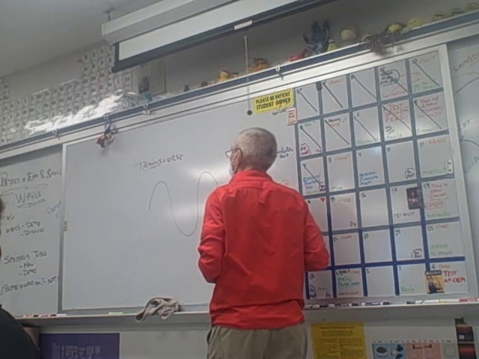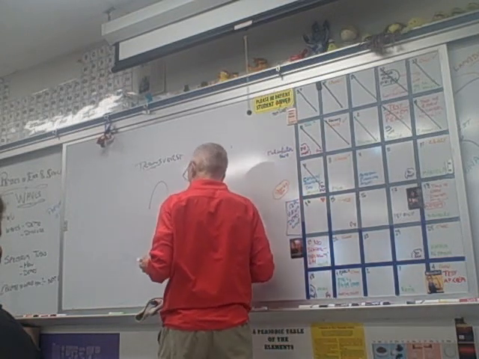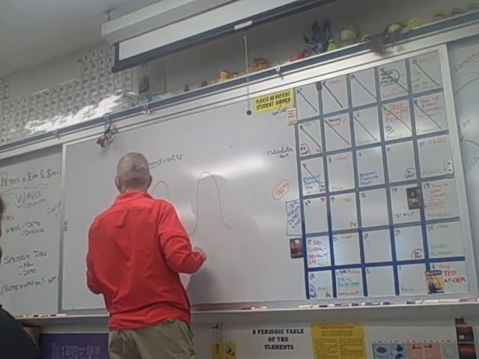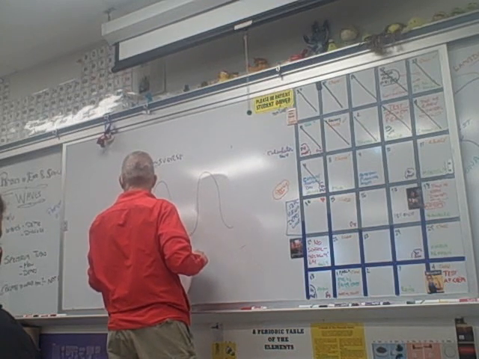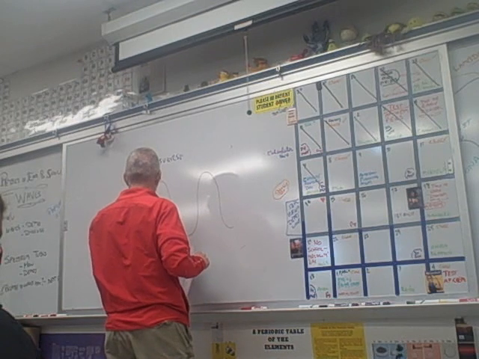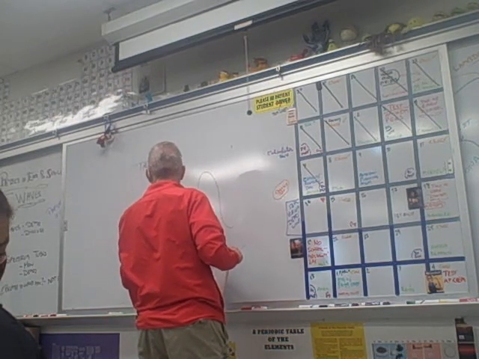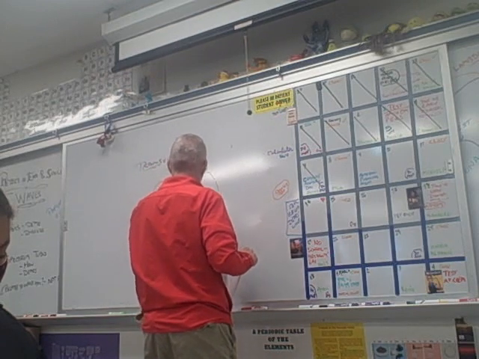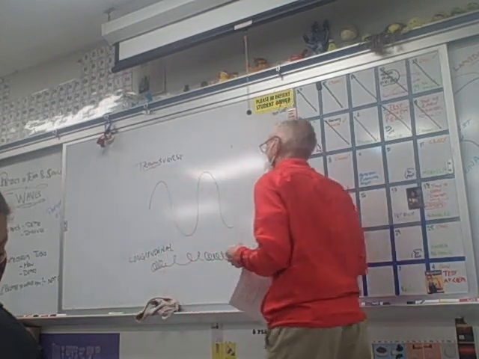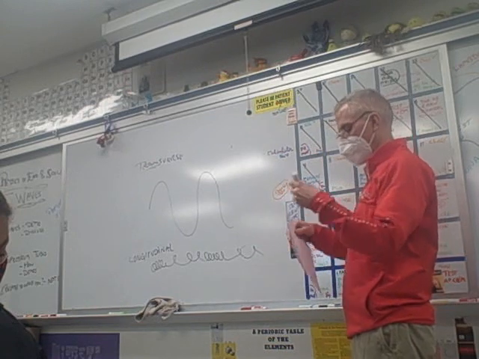So, which ones were the up and down waves? The first three or the last one? First three were transverse. They went across. Longitudinal wave, where it was a compression wave. Where did you see that? In the fourth one.